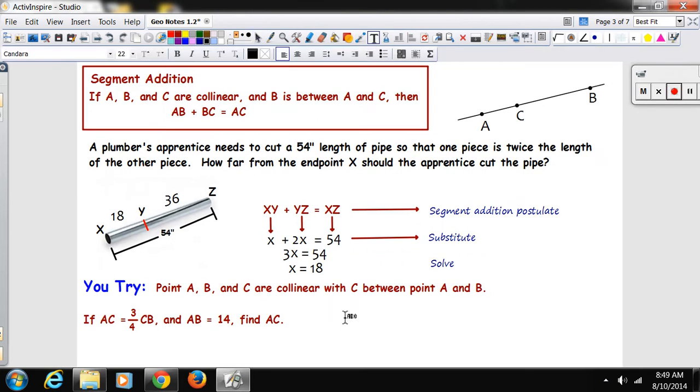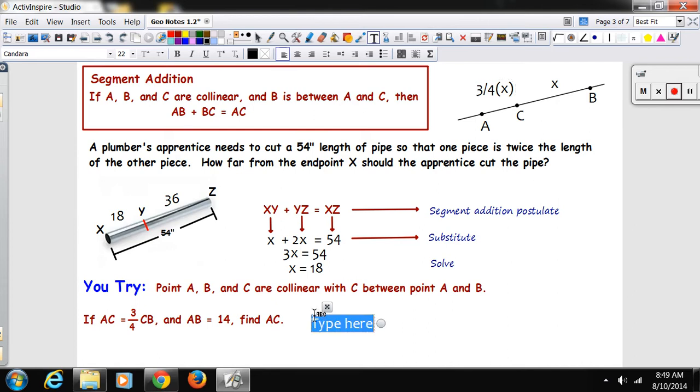We should have CB equaling our x. Let's put that here. AC is going to be 3/4 times x, because it says that AC is 3/4 of CB, and then we know the whole thing is 14.